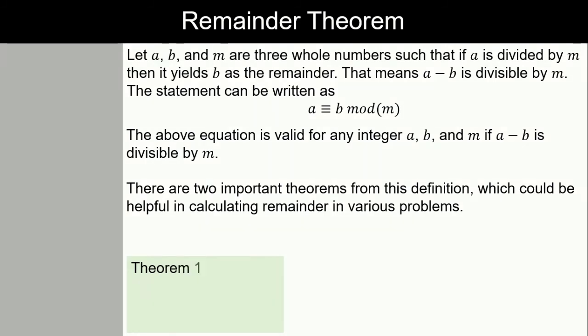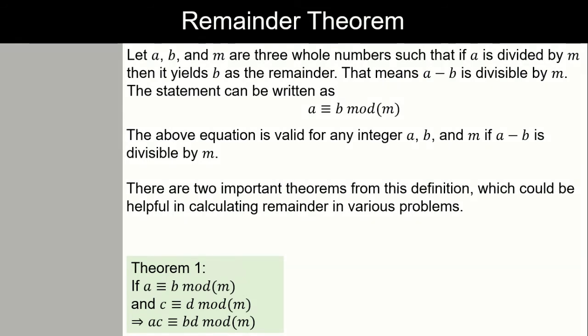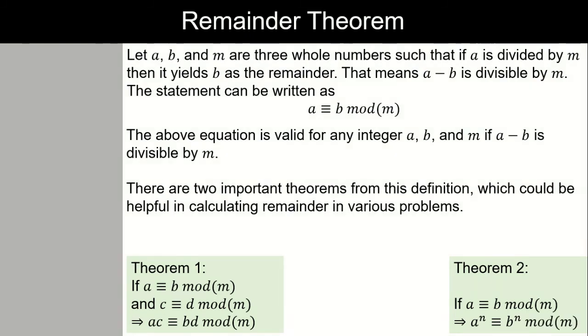The first theorem states, if a congruent to b modulo m and c congruent to d modulo m, then a into c congruent to b into d modulo m. The second theorem states, if a congruent to b modulo m, then a raised to the n congruent to b raised to the n modulo m.